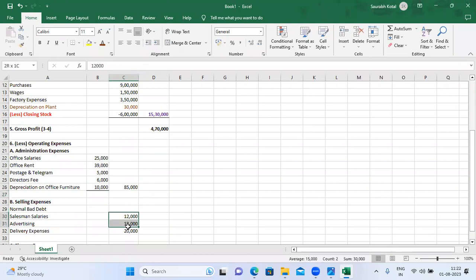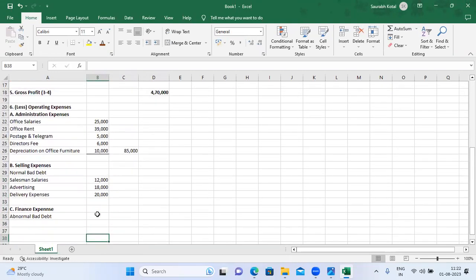Now, for selling related expenses, use your calculator and check what you are getting. You do not need to worry; there is no further adjustment or space that you have to create. The total of selling related expenses would be 50,000.